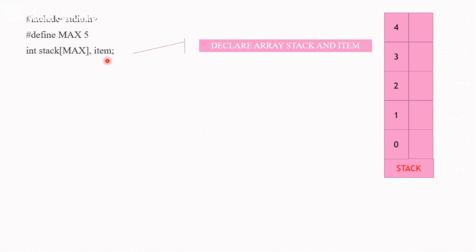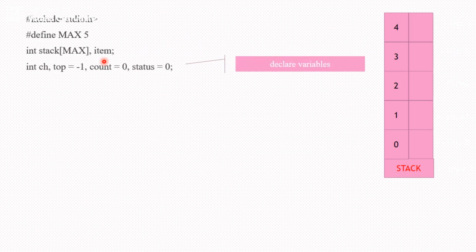Then I am using one more variable called item. What's the meaning of item? Item is the one which is going to read the item which I am going to insert into the stack. And after that I am going to declare the necessary variables, and most important, I need top equal to -1, that you have to pre-declare.